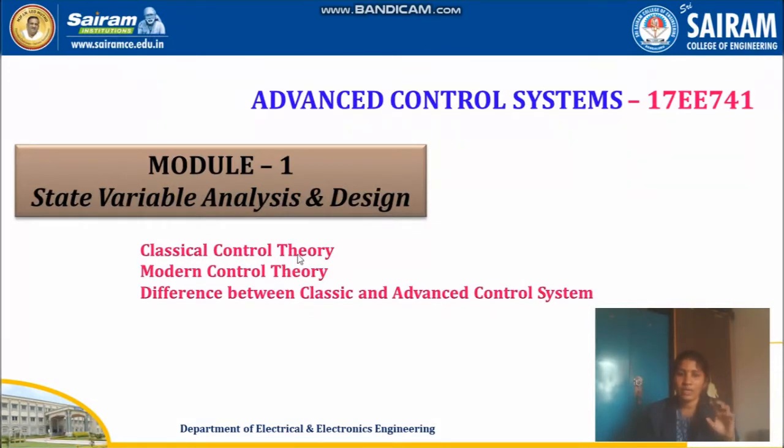Classical control theory is applicable only for linear and time invariant systems, whereas modern control theory can be applied to linear as well as non-linear control systems, and also to time variant and time invariant systems.